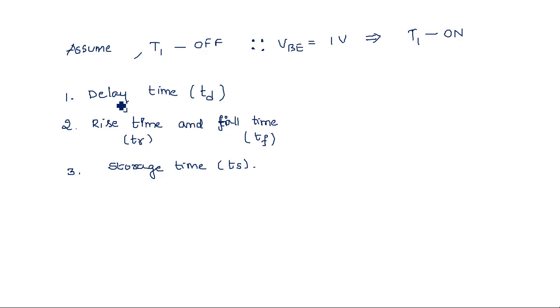Okay, now first one is the delay time. What do you mean by delay time? This is the time taken by the transistor to respond to the input condition. Hope you understand. Time delay is nothing but some delay. Suppose someone asked you a question, what is your name?